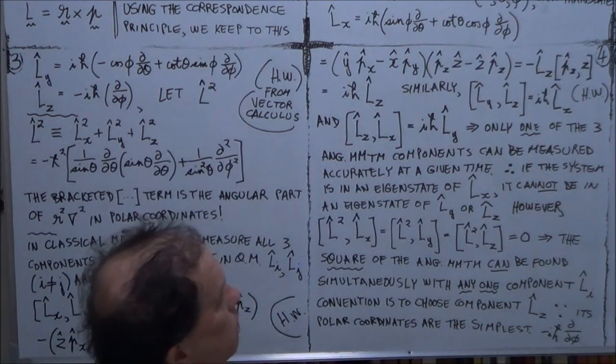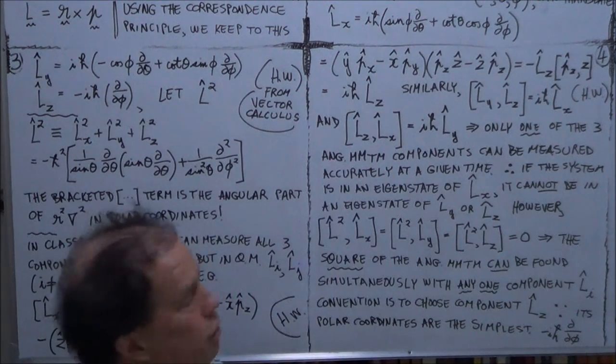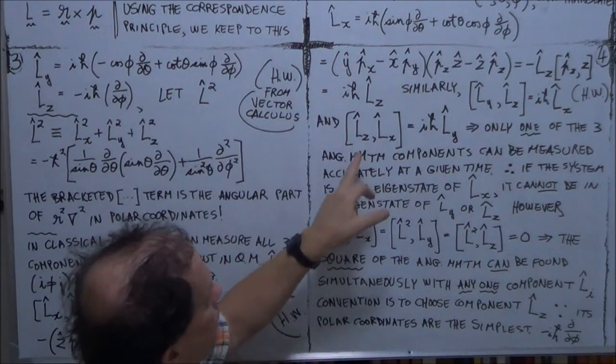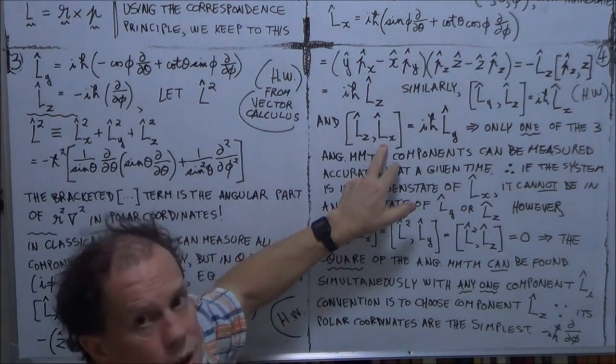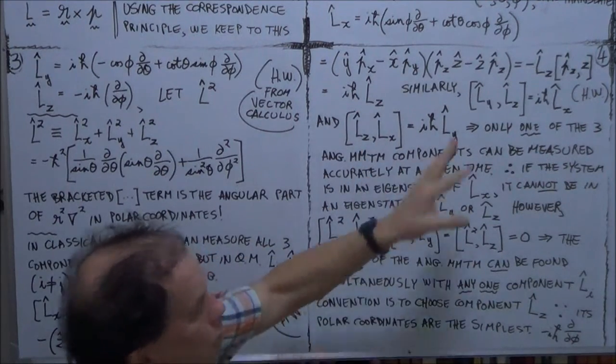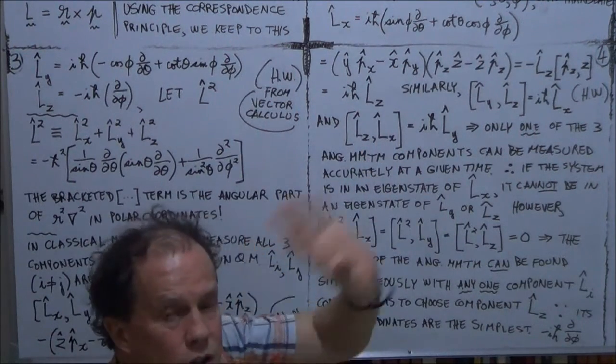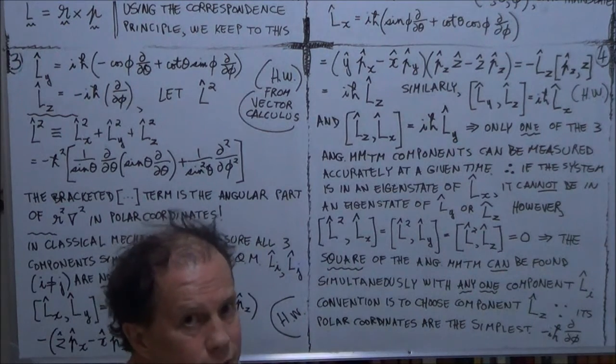There are 6 possible commutators you can make, and if you have A hat, B hat, the commutator would be minus B hat, A hat. So you only have to do 3. And the other 3 you know just by changing the sign.